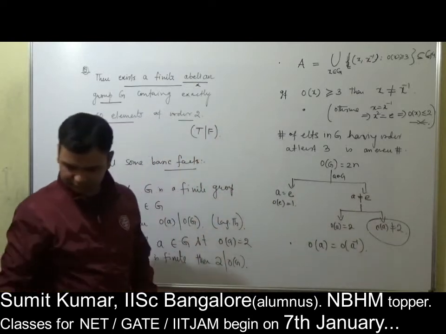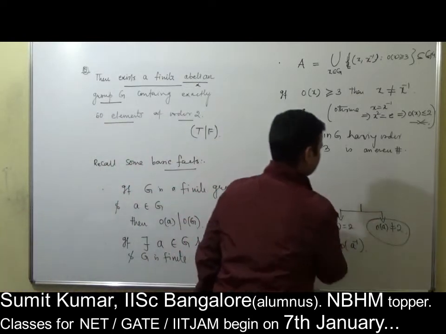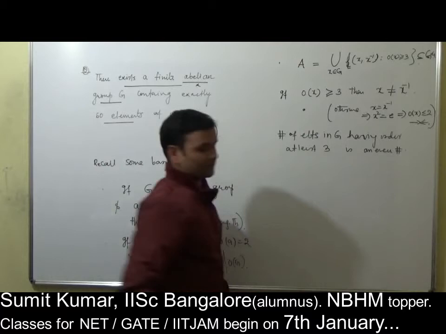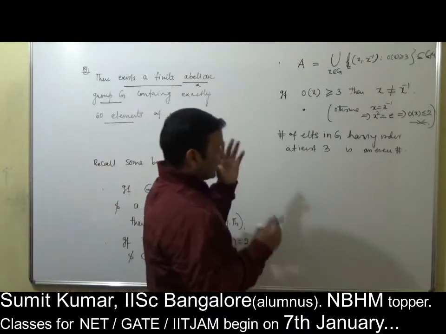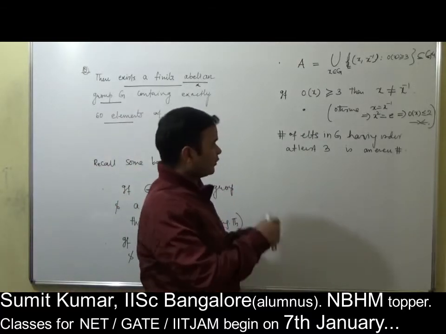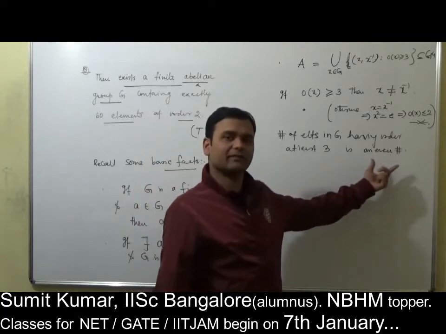That's what I have proved. If you are looking for elements of order at least 3, their number is always even.